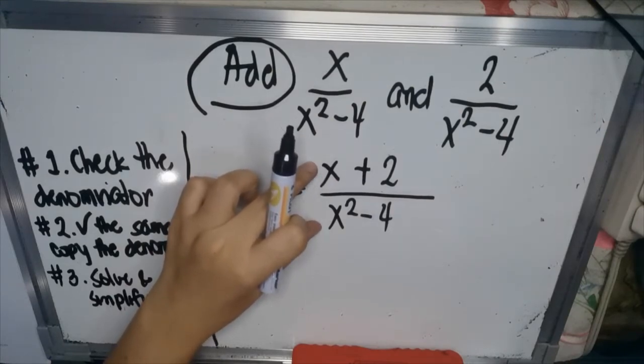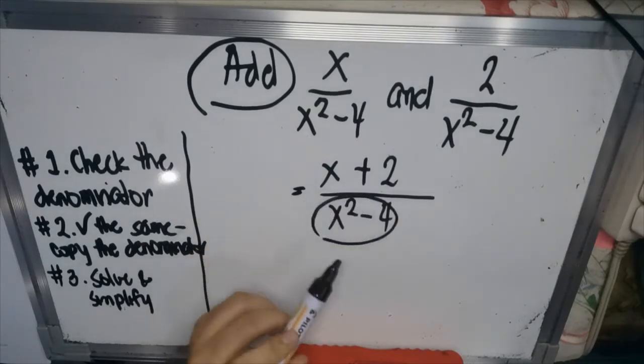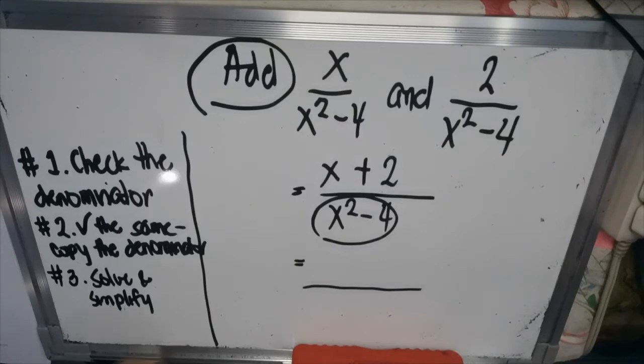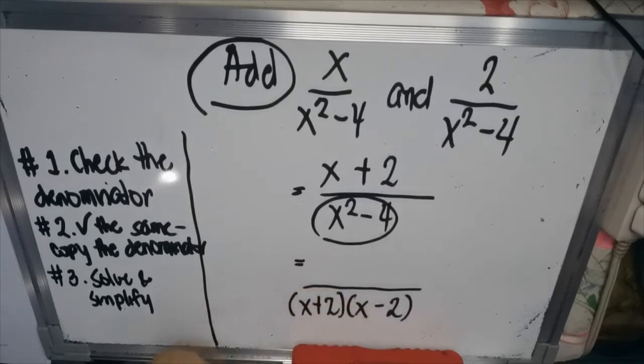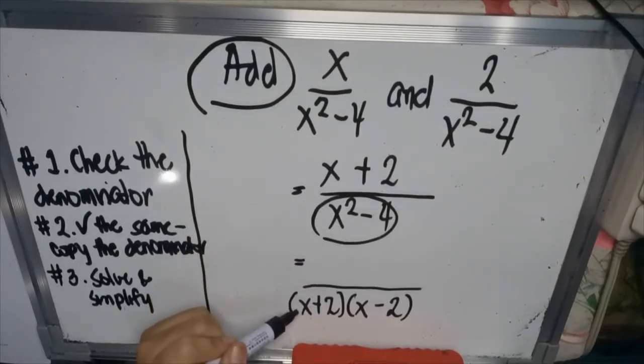And since yung given natin is factorable, which one? Itong denominator natin. Diba? That is the difference of two squares. Kapag yan ay finactor, last topic, yan ang topic natin. Ang factored form niya is x plus 2 times x minus 2.